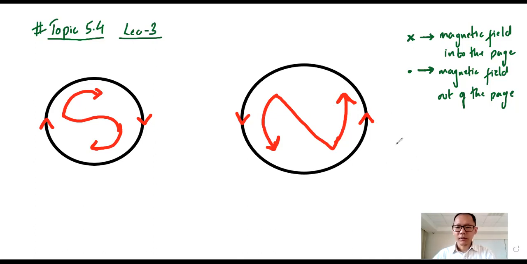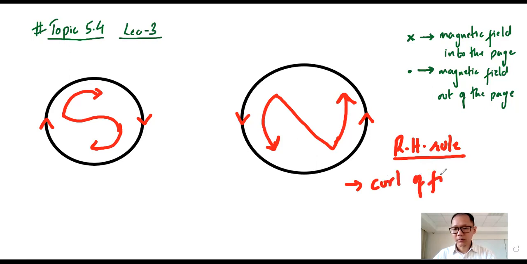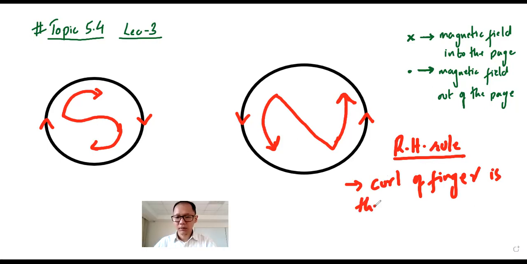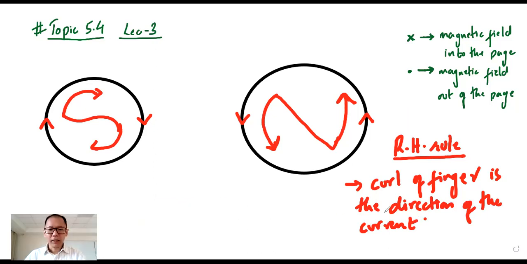But in this case, the right hand rule is slightly different in the sense that the curl of your fingers is the direction of the current, and the thumb is the direction of the north.